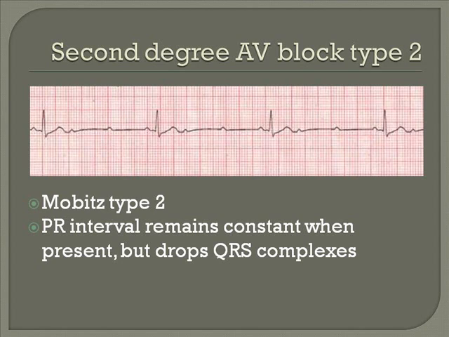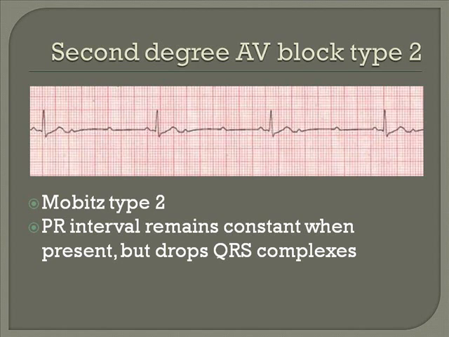Second degree type 2 AV block, or Mobitz type 2, also involves some solitary P waves, and when the PR interval is present, it remains constant from beat to beat. There just happens to be several P waves without a QRS complex associated with them. As you remember, type 1 had the pattern of the progressively longer PR interval until it drops a beat.